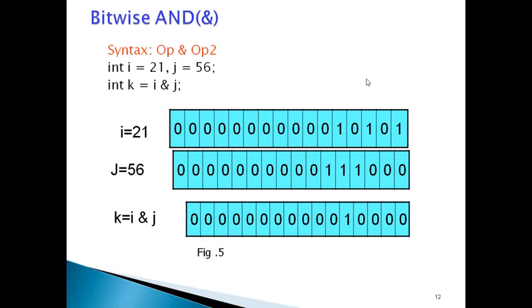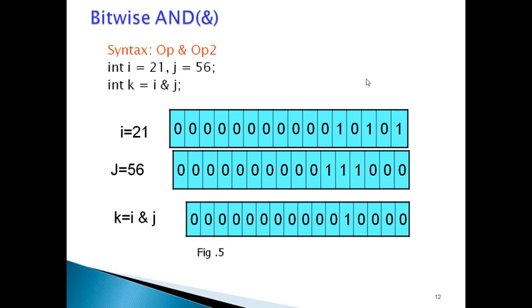The fourth, 0 and 1, it returns 0. At the fifth bit, 1 and 1, it gives 1. At the sixth bit, 0 and 1, it returns 0. The remaining bits are all zeros in j, so the resultant bits are all zeros only.